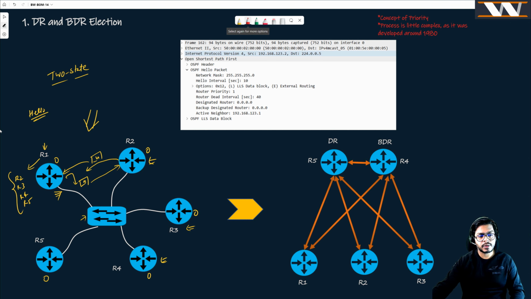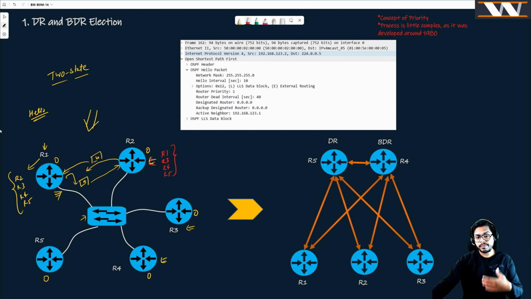Similarly, if I talk about R2, once it gets the hello from all the routers, it is going to understand that there are R1, R3, R4, and R5, the routers which are attached to the same link, right?